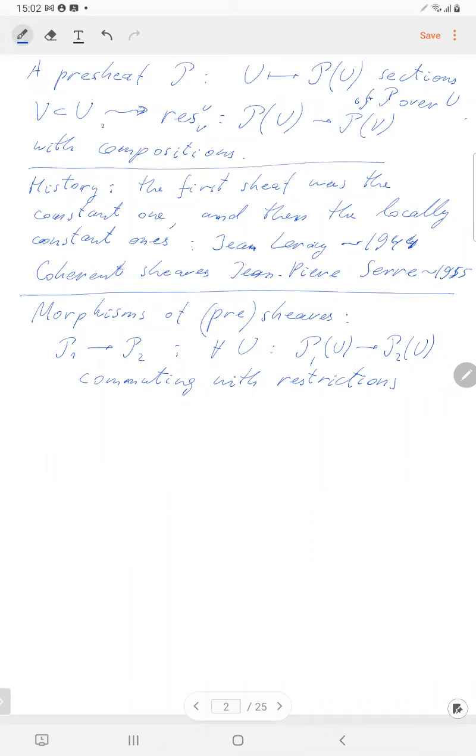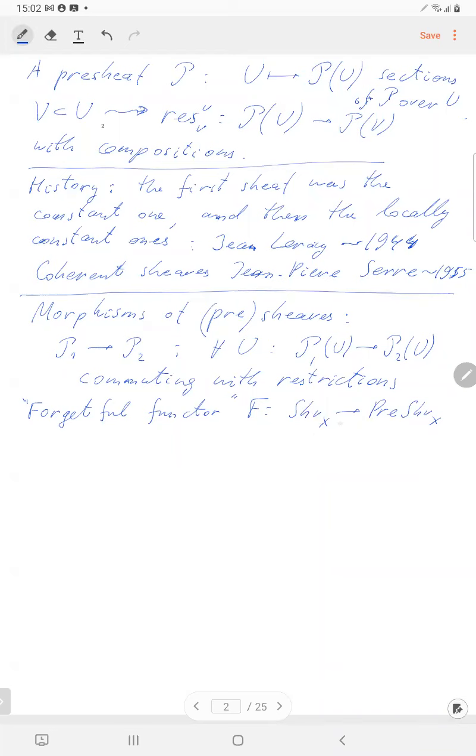So we have a sort of forgetful functor F from sheaves on X to pre-sheaves on X. Yeah, I mean, sheaves are pre-sheaves with certain gluing conditions, and we just ignore these gluing conditions.